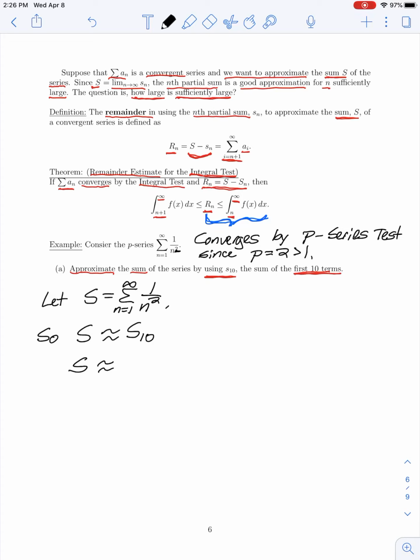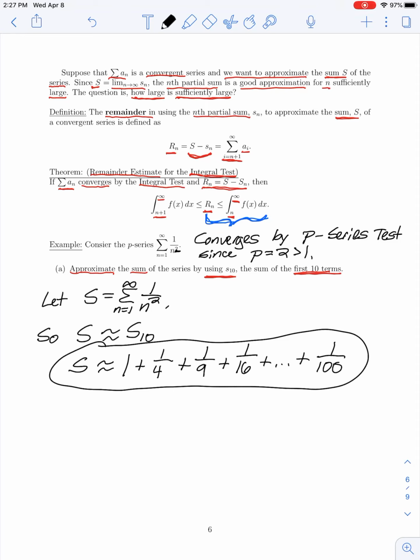Starting with the first term, n equals 1, we have 1 over 1 squared, which is 1, plus for the next term, we would have 1 over 2 squared, so 1/4, then 1 over 3 squared, 1/9, 1 over 4 squared is 1/16, and so on, until I get to the 10th term. When n is equal to 10, we have 1 over 10 squared, or 1/100th. So this sum of the first 10 terms would be an approximation of the true sum of this series.